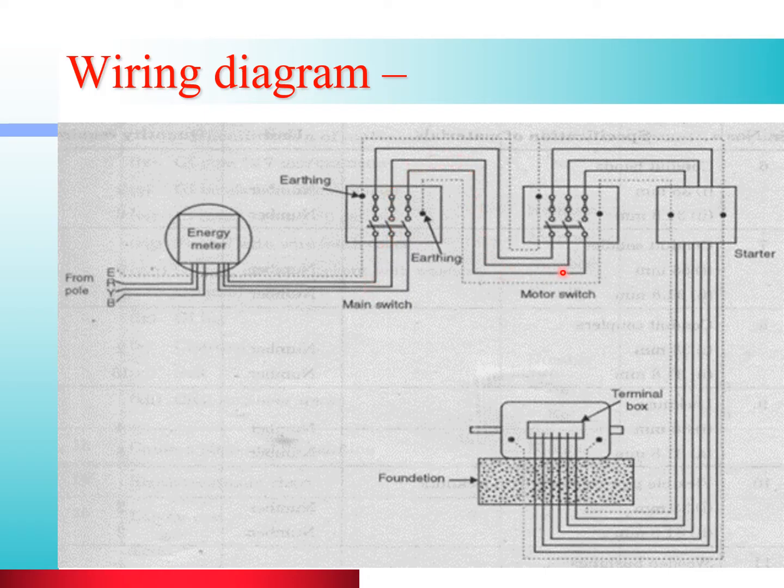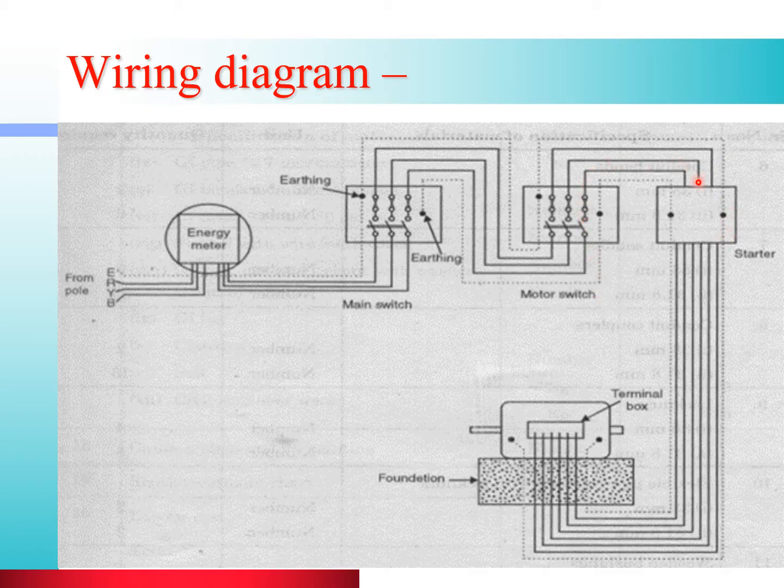From this it goes to the motor switch. Main switch and motor switch are different. For each motor there is a separate motor switch, and earthing wire is separate, which is shown in dotted line.